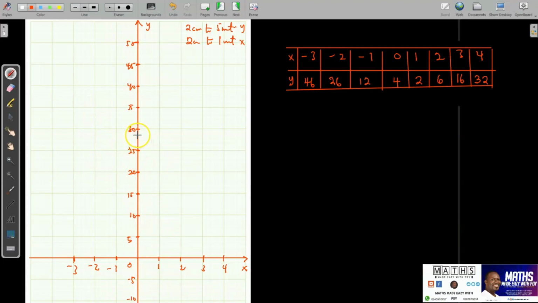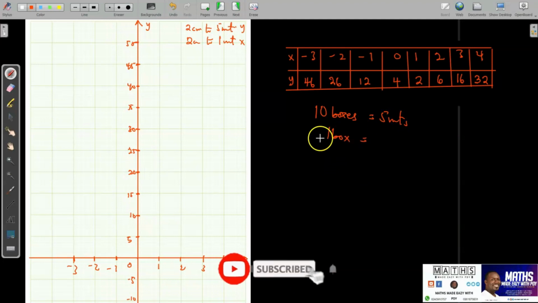Now, how many smaller boxes can you see from one line to another? The smaller boxes on your graph sheet must be 10 boxes. If you don't know, I'm telling you, you should have 10 boxes. But remember, these 10 boxes are equivalent to 5 units on the y-axis. So one box will be equivalent to what?